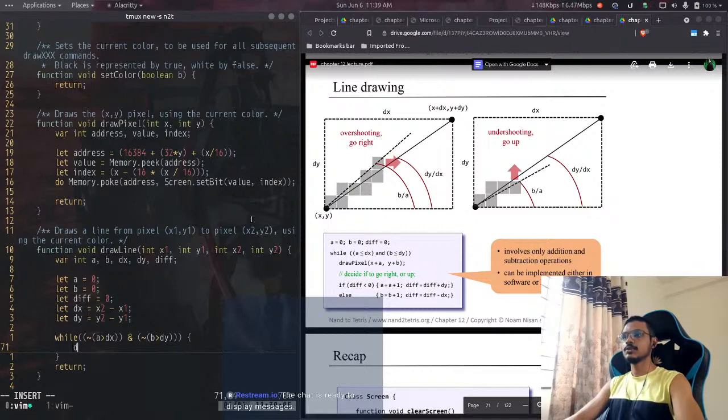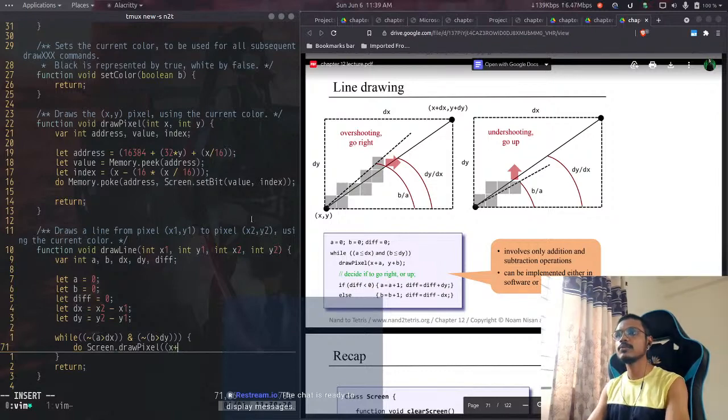Okay, while we call it like this, do screen draw pixel x plus a, y plus b. Oh, okay.